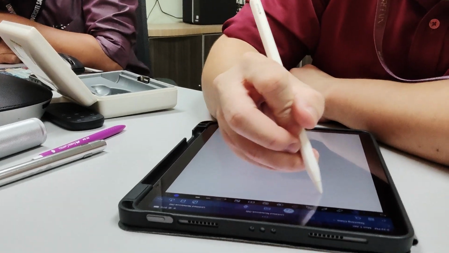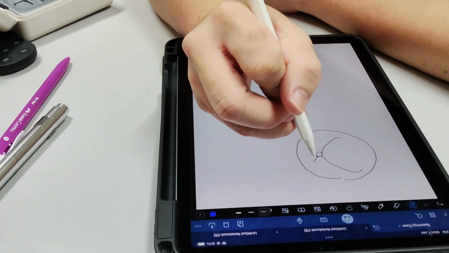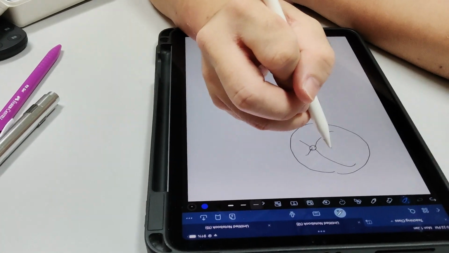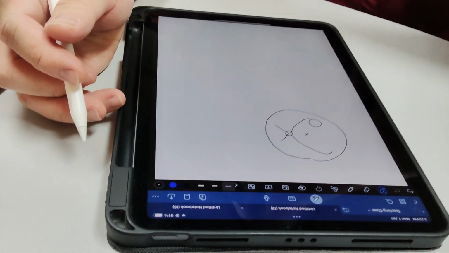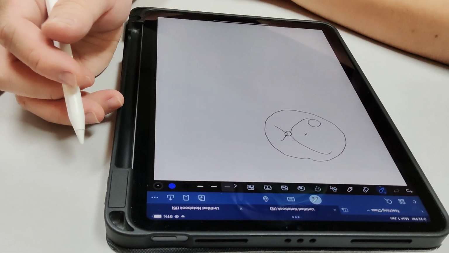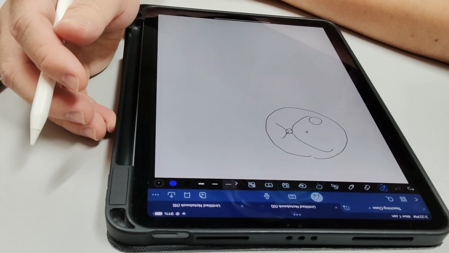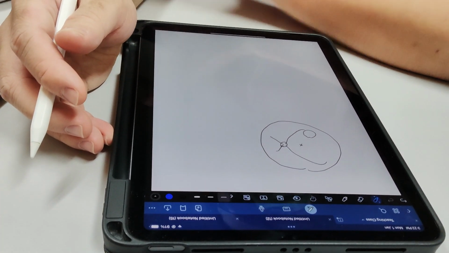Let's say this is the fundus. This is the optic disc, these are the vessels, and this is the macula. Let's say you see a lesion here. Because we are checking with one eye, there is no stereopsis. How do you know whether it's elevated or flat? You use a slit.